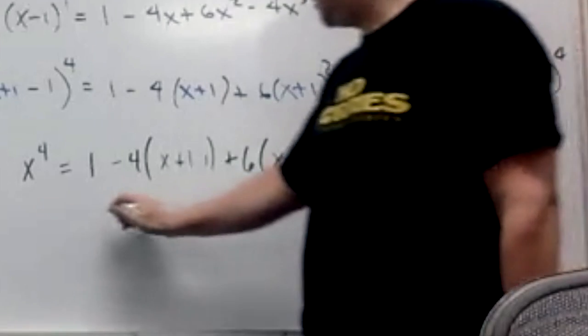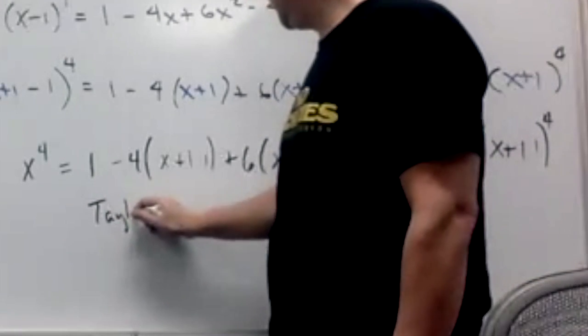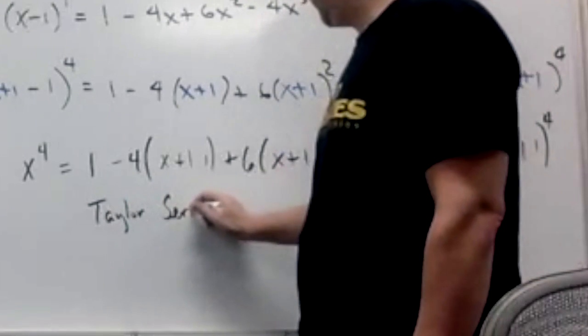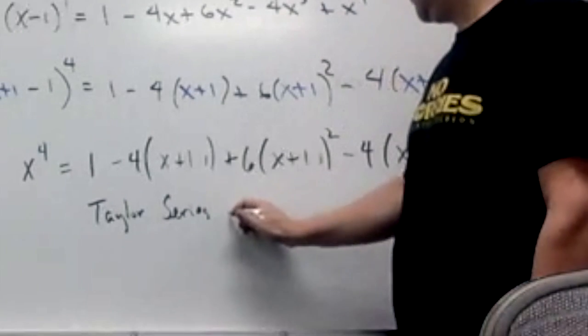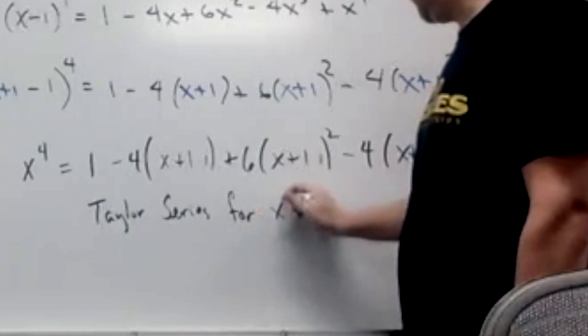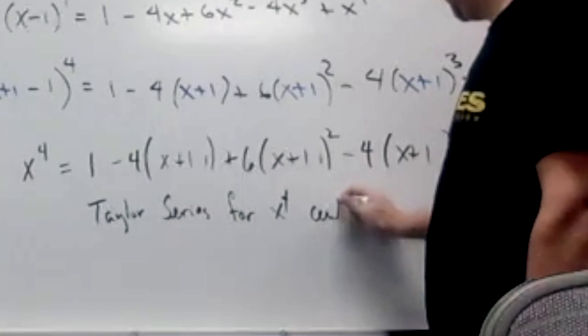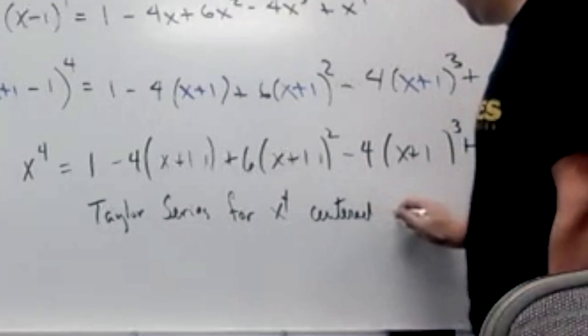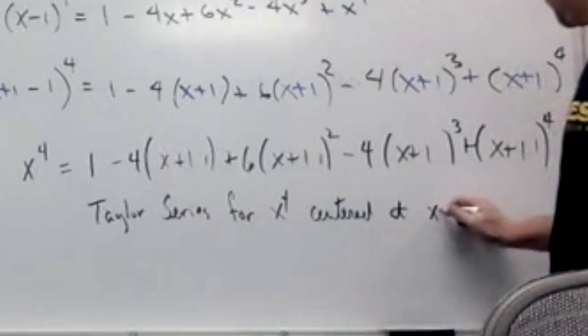So this is a Taylor series for x to the 4th power, centered at x equaling -1.